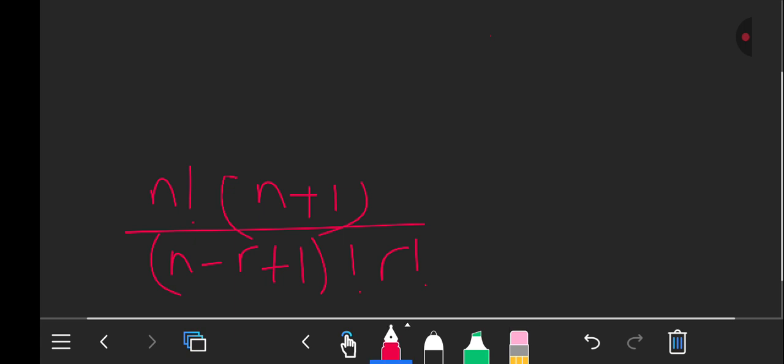So when we have n factorial multiplied by n plus 1, this is the same as saying, for example, 9 factorial multiplied by 9 plus 1, which is just 10.